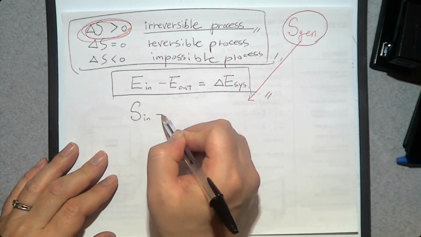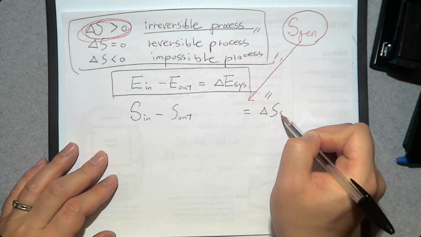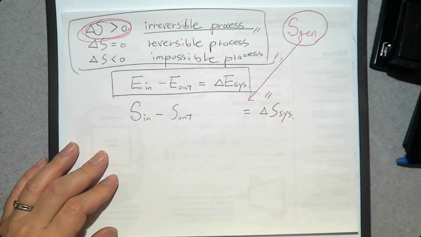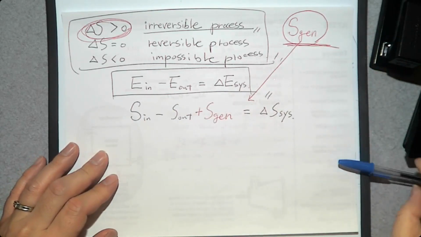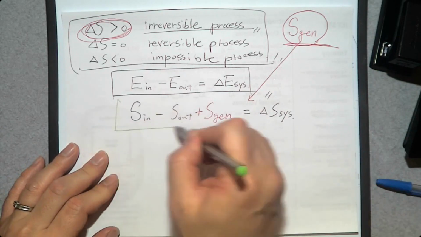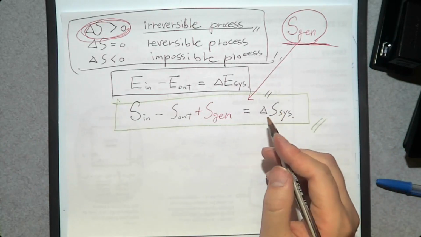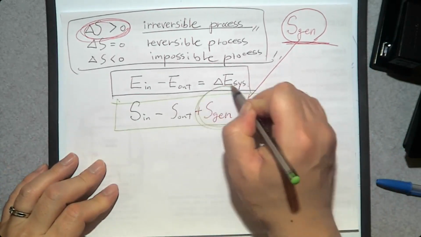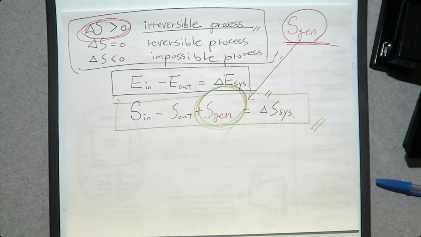Entropy in minus entropy out cannot be the change of entropy of the system, but if we add this one in this equation, then we can use the entropy balance equation. By using this equation, one thing that we can calculate is how much entropy has been generated. Isn't it nice? Then we just need to know how to determine S in, how to determine S out, how to determine the change of S of the system.